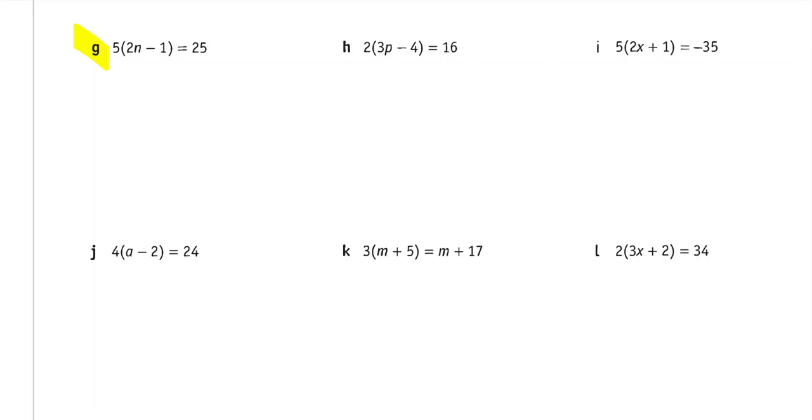First step is to times out the bracket. 5 times 2n. 5 times 2 is 10n. This time we have a minus in the bracket, so put your minus sign down. 5 times 1 is 5. And then just go equals the 25. Okay? Here's my n. 2 numbers. Start here. Opposite of minus 5 is to plus 5.